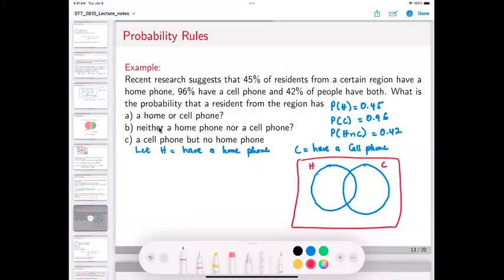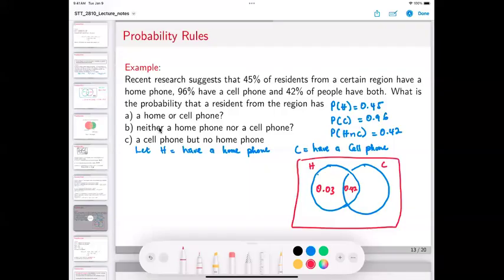It's easy to show the intersection first, 0.42. So if 0.42, what do you think would be here? Home is 0.45. Is that okay? What do I need to add to 0.42 to get 0.45?